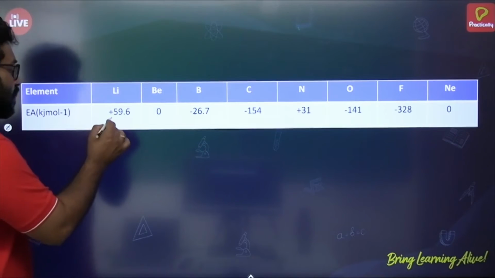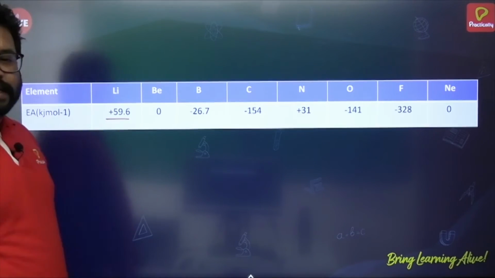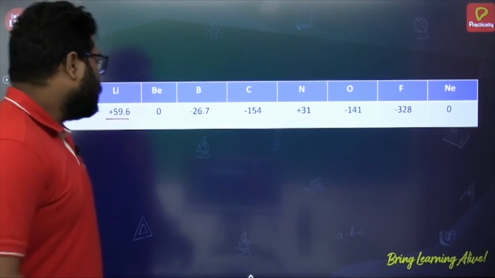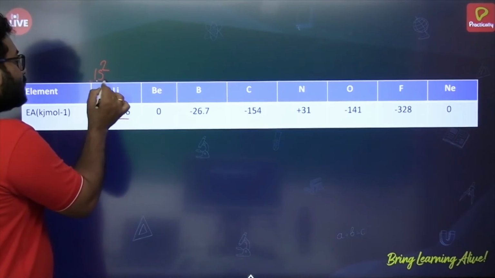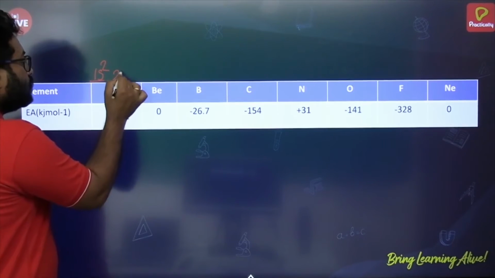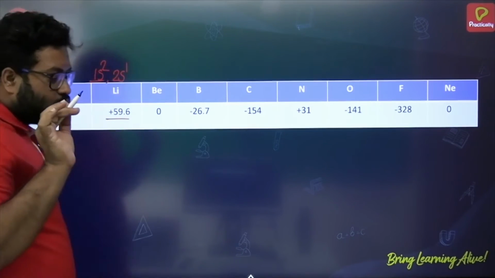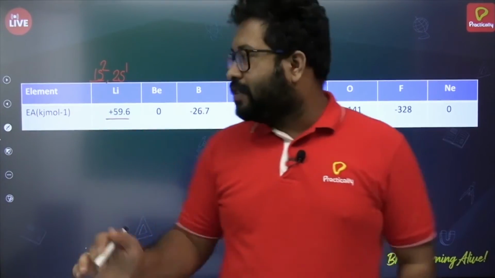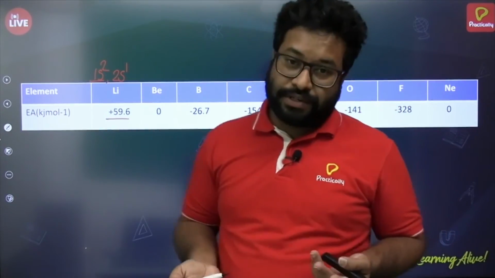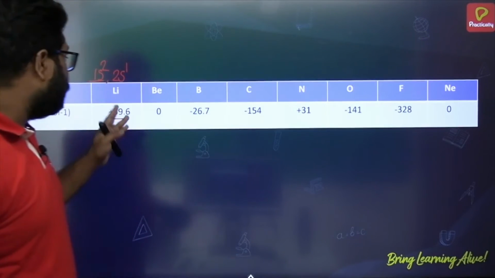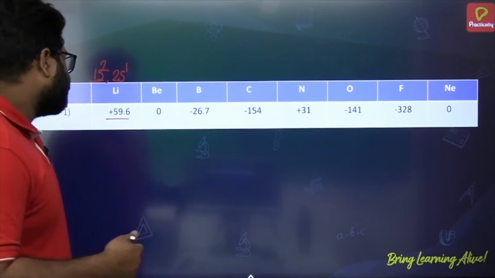For lithium it's 59.6, as we just saw. The electronic configuration of lithium is 1s2, 2s1. I will not write 1s2 again because it is carried forward in every atom thereafter. I only write 2s1 or 2p.